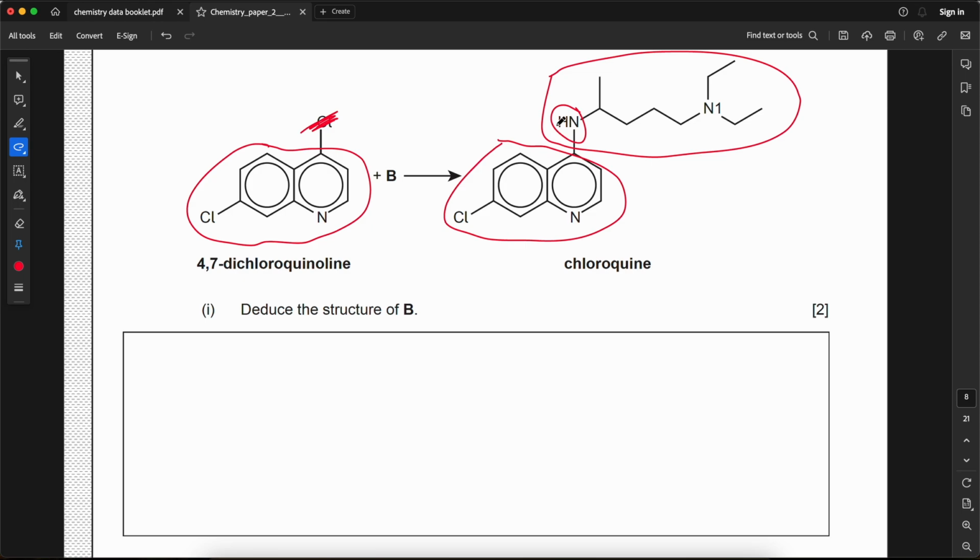There is NH. Amino needs to be bonded to 3 carbon groups or hydrogen. So amino needs to have 3 bonds. It could be carbon, it could be hydrogen, it could be a mix between carbon and hydrogen. That would determine primary, secondary, or tertiary amino.